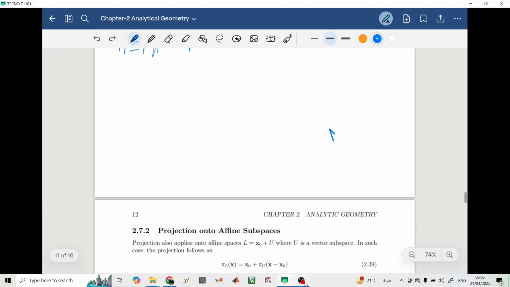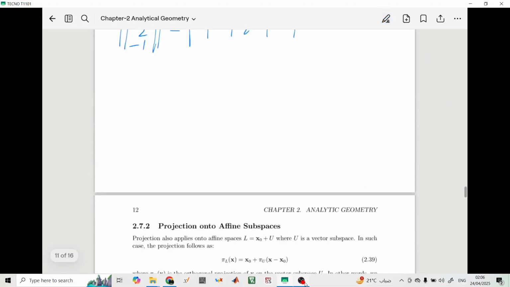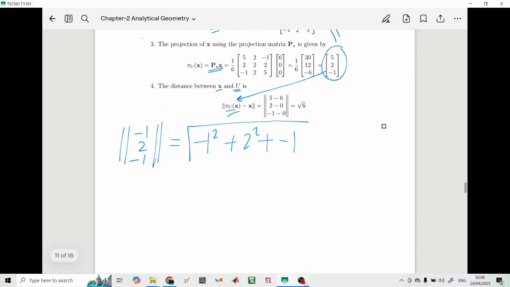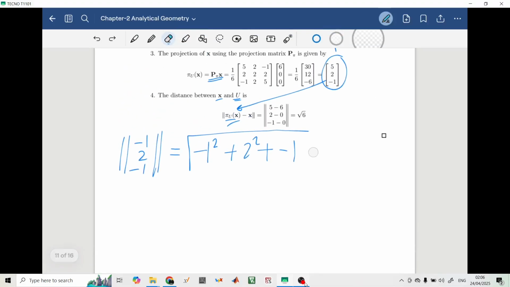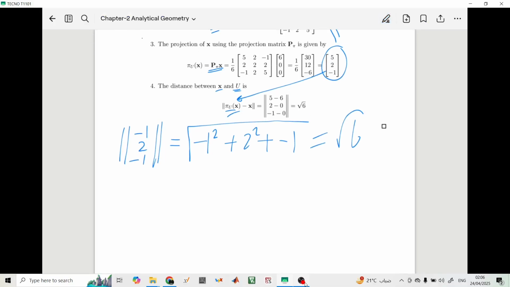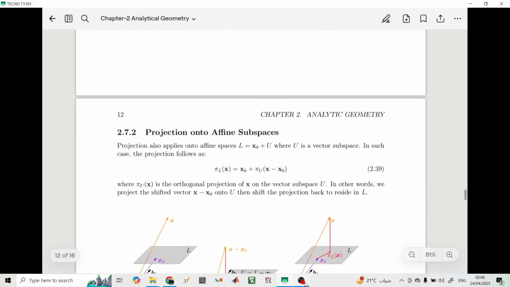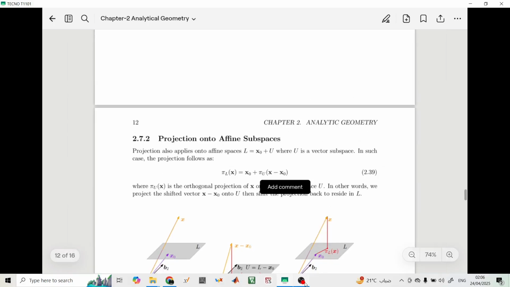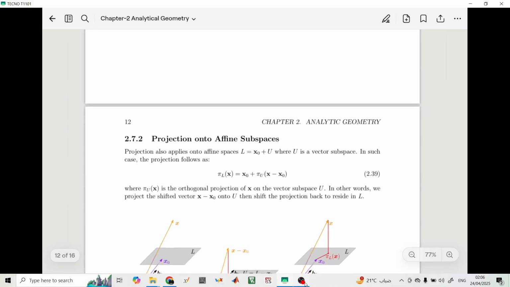Now moving to the last part. So let's write it down. I think I moved this thing to here. Let's set that square root of 6. Okay, now for the last part here we have a projection into affine subspaces.